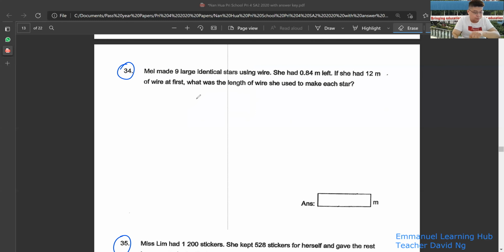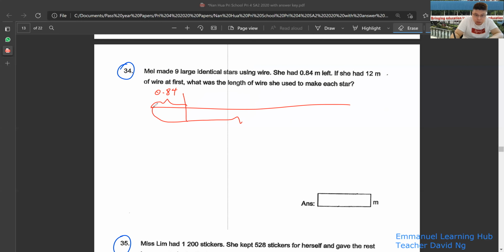You know what to do? No. You see, she had 12 meters at first. She had 0.84 left. So this is the part she used to make the star.